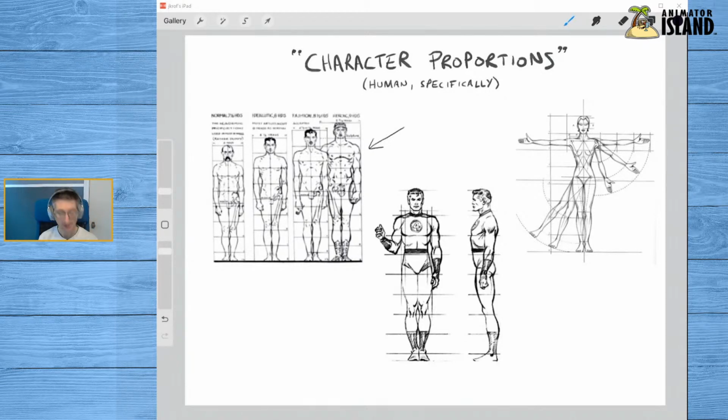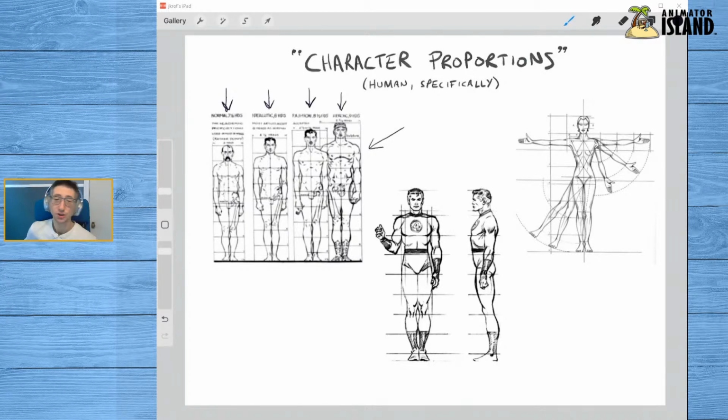So if you look at this example, this particular artist says that a normal, realistic human proportion would be about 7.5 heads tall. And then the idealistic proportion, according to them, would be 8 heads tall. If you're drawing for fashion, we would be looking at something along the lines of 8.5 heads tall. And then their category of heroic is 9 heads tall.